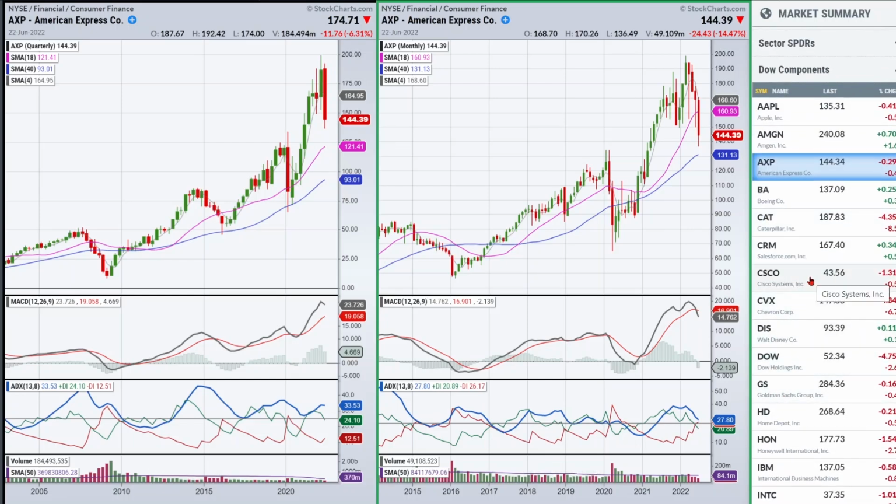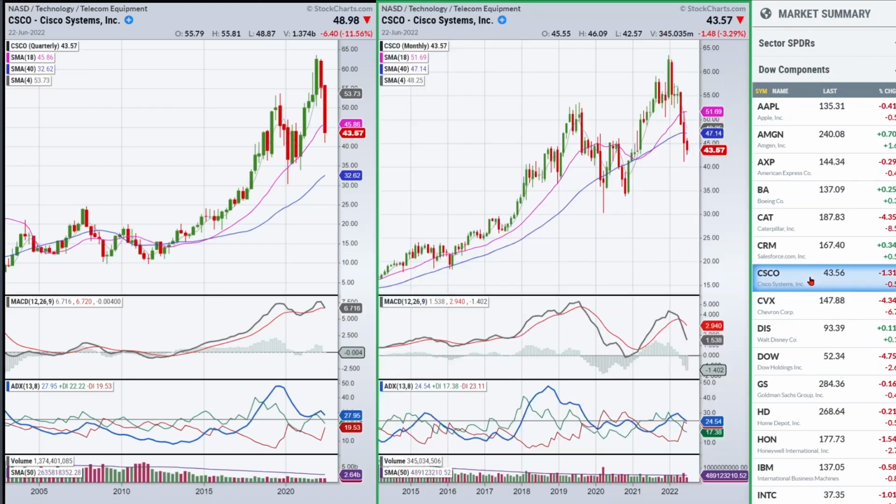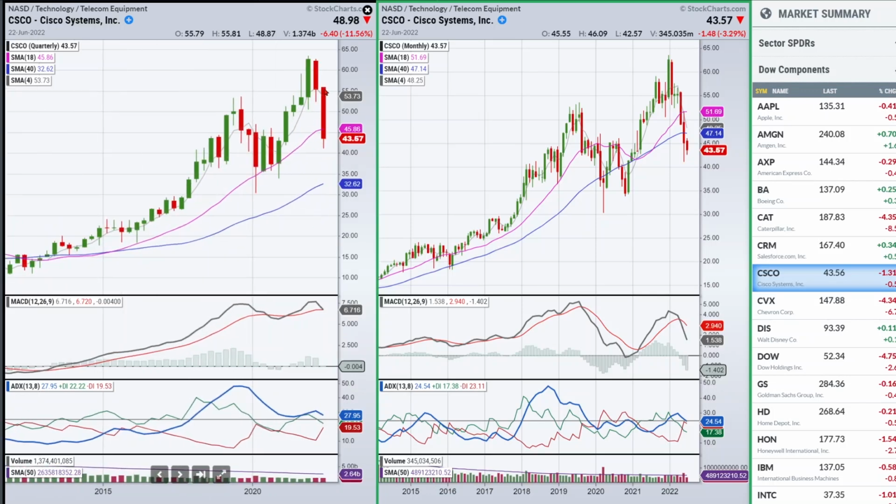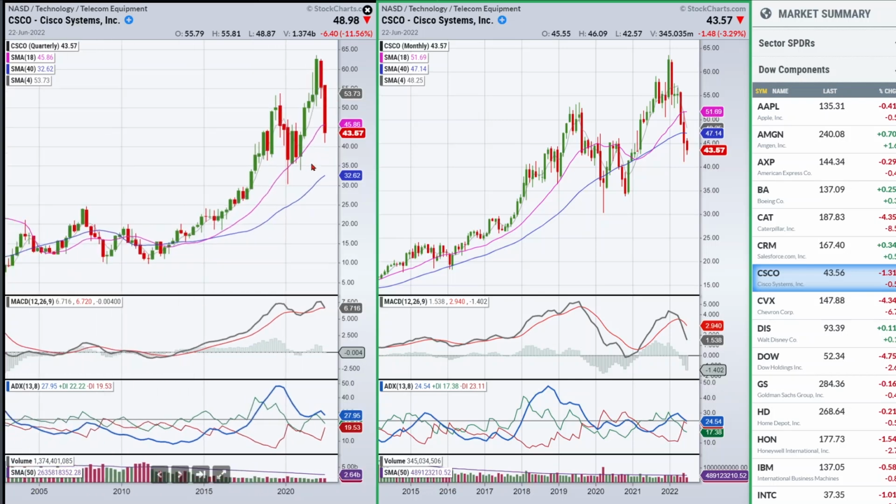Look at a stock like Cisco, and we've broken the 18-month line on the monthly, right? But on the quarterly, we're coming down and we're kind of overrunning the quarterly as well. What bothers me is to look at the quarter. Look at how ugly of a quarter this is. That is just a huge red bar on the quarterly chart after re-entering the breakout level.